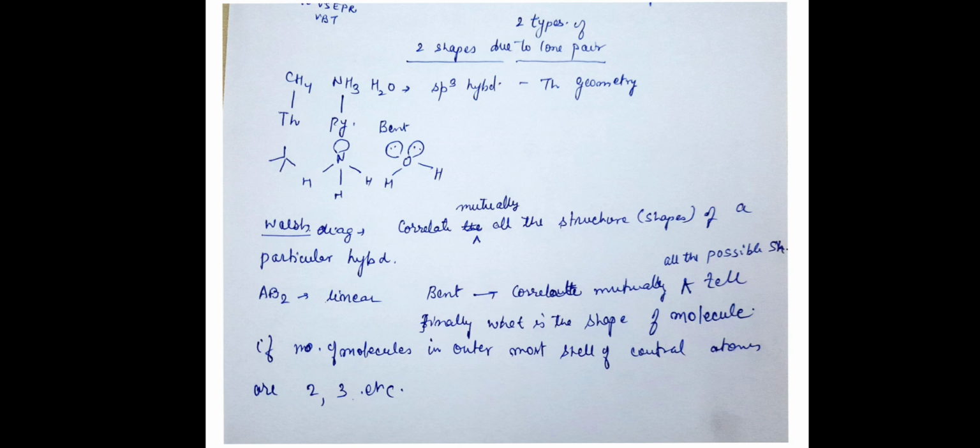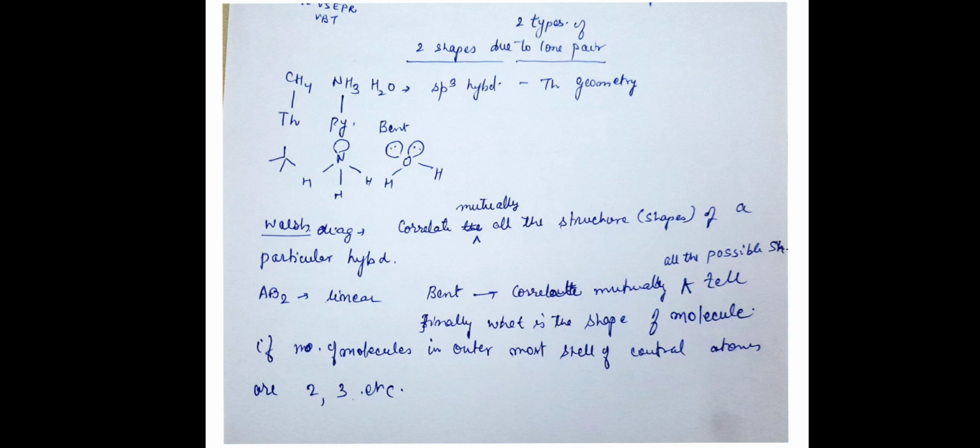Ammonia has a pyramidal structure, with one lone pair. Water has a bent or V-shaped structure, with 2 lone pairs. So with the addition of lone pairs, the shape of the molecule changes in a fixed hybridization.